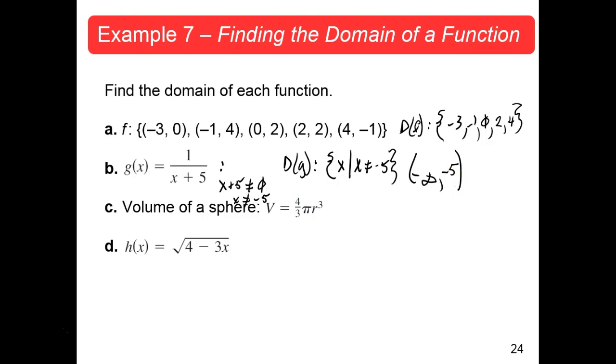So you have to have a parentheses there. Then what? Union, parentheses, -5 to positive infinity, close parentheses. Perfect. Way to go. Okay? Everything except -5.